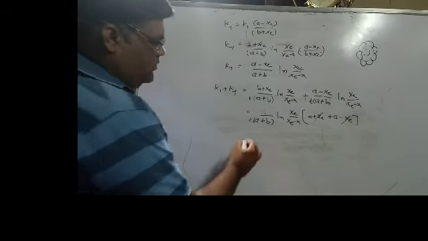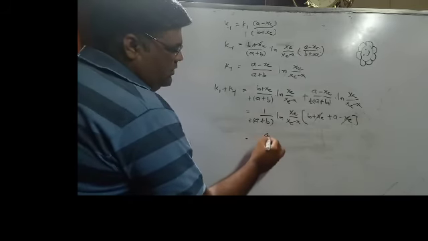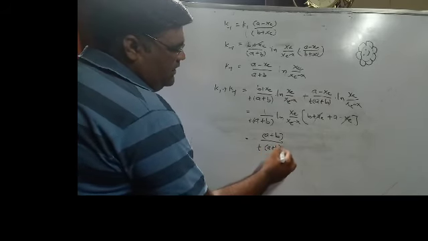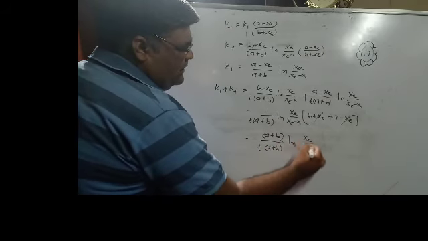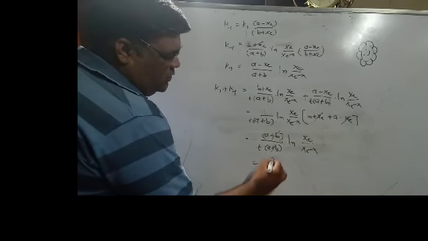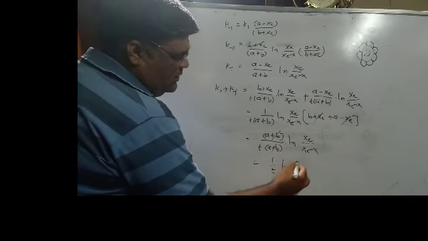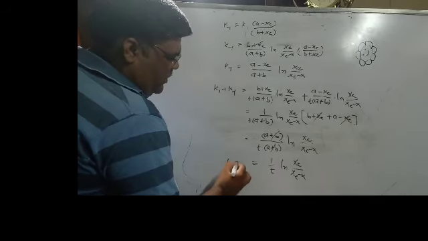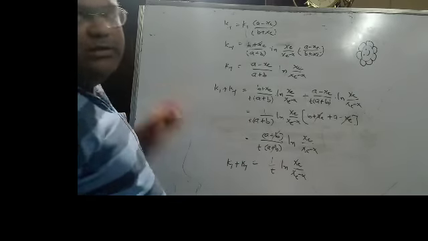So now it will be (a + b)/(t(a + b)) ln xe/(xe − x). So a plus b will be cancelled out, and it is 1/t ln xe/(xe − x). That is the value of k1 plus k minus 1.